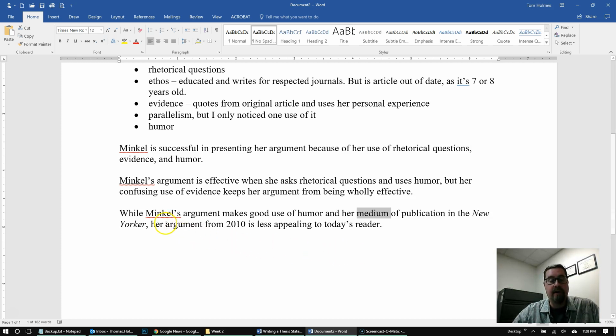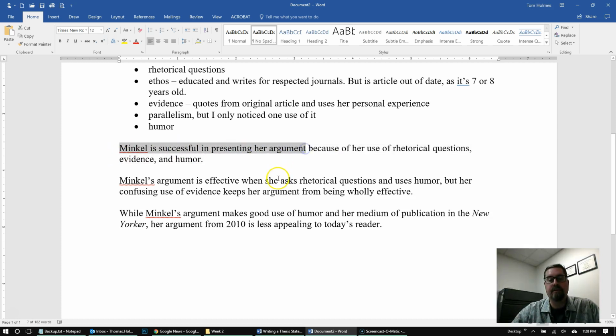And then you'd have a paragraph saying her argument is out of date because it's from 2010 and we're in 2018 and technology and things have changed, right? And then in the conclusion paragraph, you would sum up overall how effective her argument was because of these rhetorical devices.